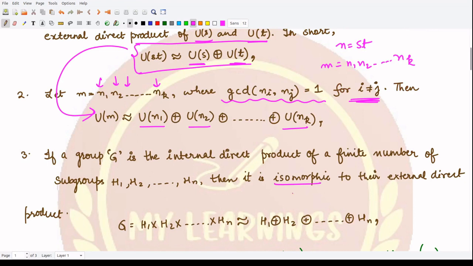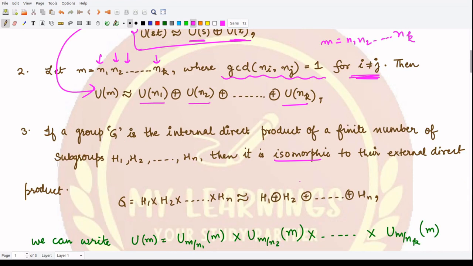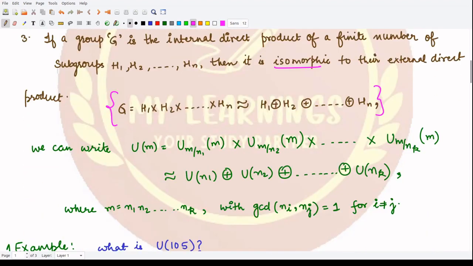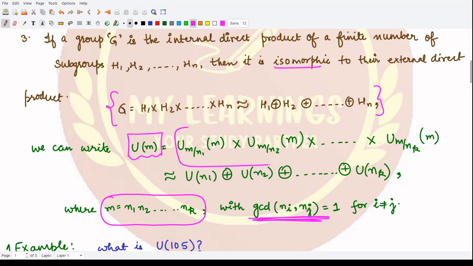It tells you that they are isomorphic to each other whenever we take the subgroups as normal subgroups of the group G. Now clubbing all these results for U groups, we can clearly say for U(m), if m is written as n1 n2 up to nk, where all of n1, n2 up to nk are relatively prime to each other, then we can either express U(m) as the internal direct product of these particular groups, and we can also express it as the external direct product of these groups. So this is the result.